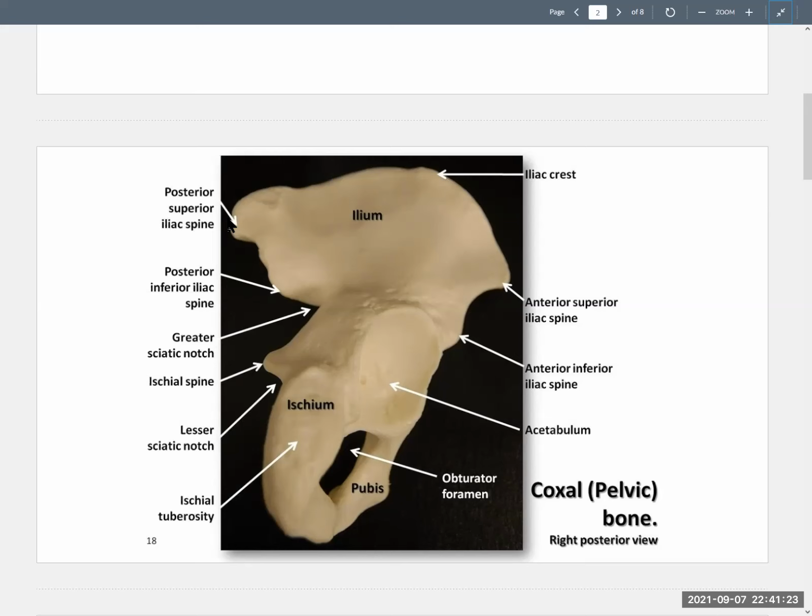And if you have a sore back, it'll be right there, because this articulates with the sacrum to make the sacroiliac joint. This is the posterior superior iliac spine. Drop down 1.5 inches, the posterior inferior iliac spine.